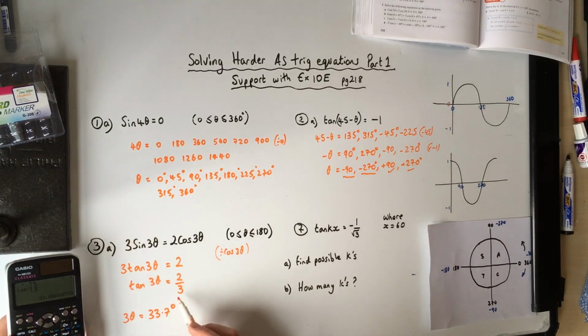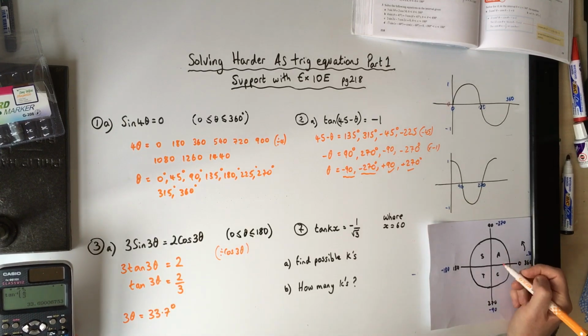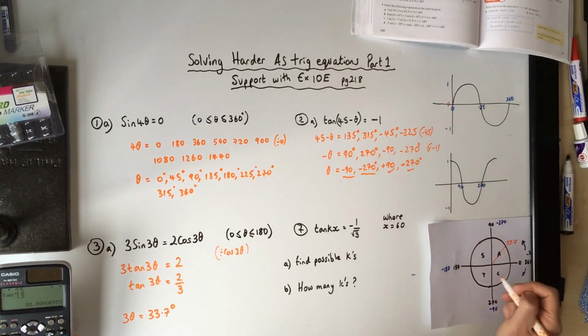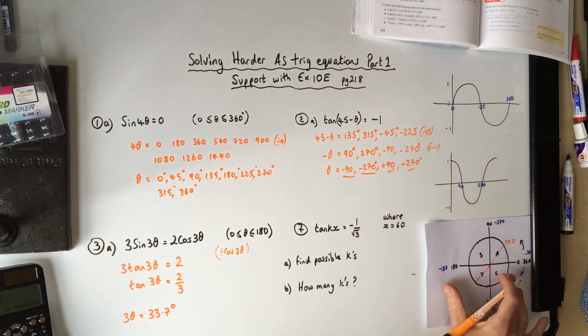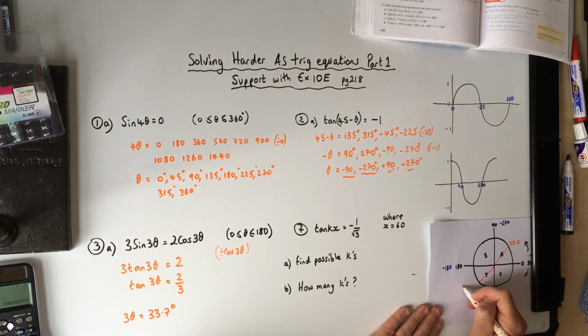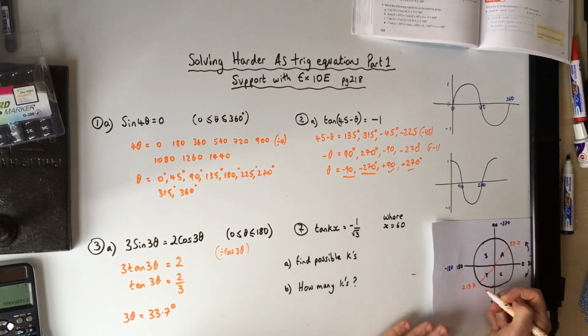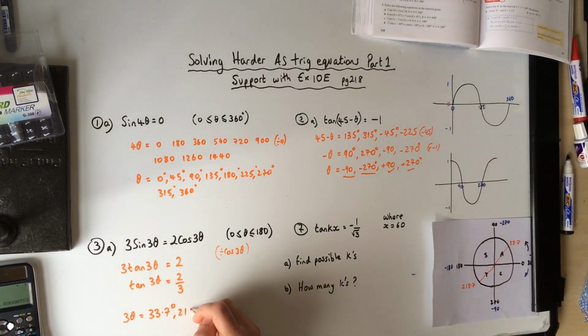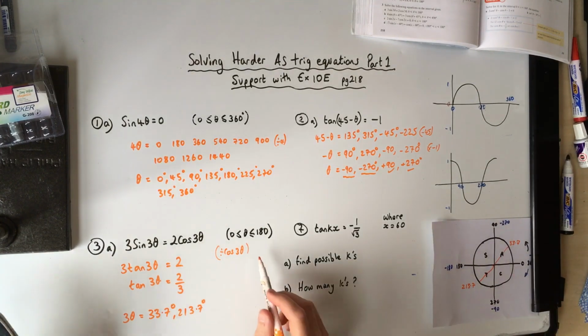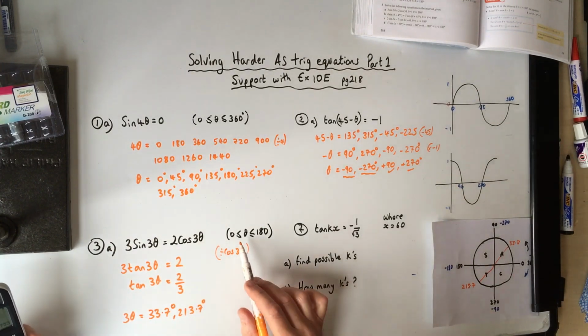So remember we've got to find the other values. It is positive, so we want this one here. So if we add 180 to 33.7, we're going to get 213.7 degrees.